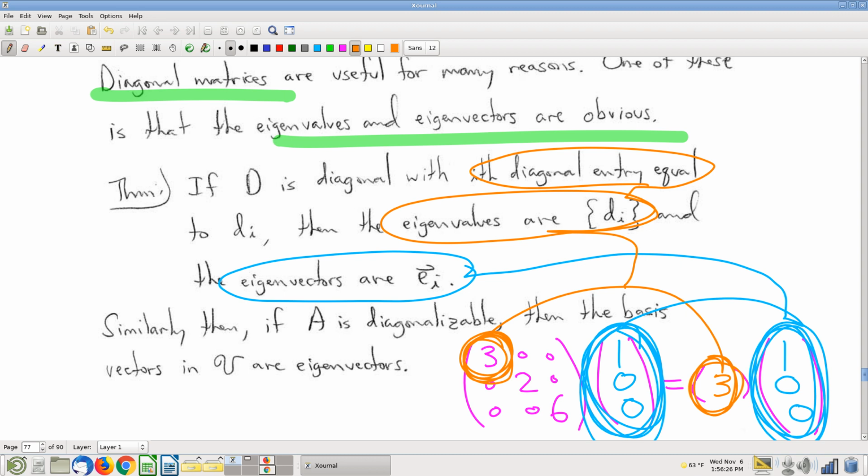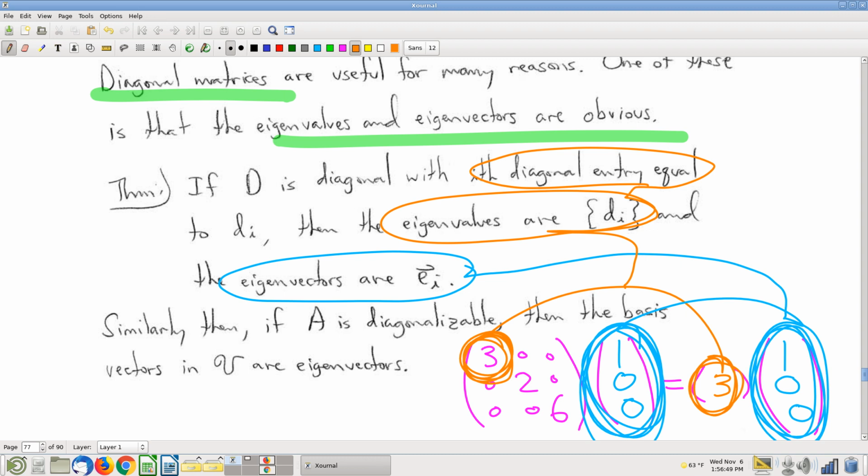Now I'm going to leave it as an arithmetic exercise for y'all to notice what the other two eigenvectors are and what their eigenvalues are. And let me just tell you, E2 and E3 are also eigenvectors, and their eigenvalues are the next diagonal entries. Again, it's a matter of writing down the arithmetic and observing it. Sure enough, it works.